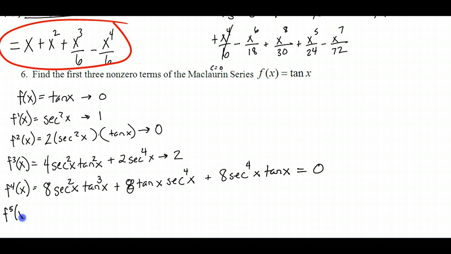We get to take the 5th derivative. To start, product rule. That gives us 16 secant x to the power of 1. The derivative of secant is secant times tangent. Multiply it by the second term, that gives us tangent to the 4th. That term is ugly bad. Plus, the derivative of this is going to give us 3 tangent squared.